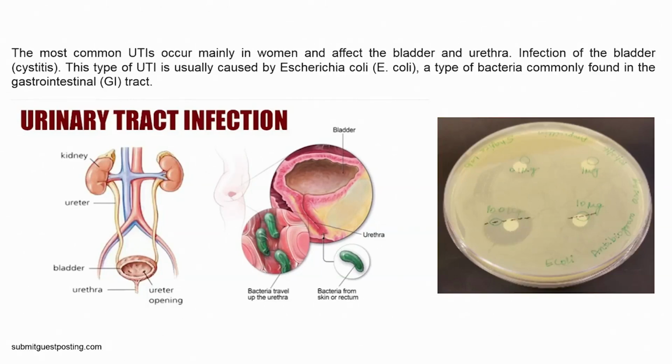Okay. So, you can see bacteria travel up the urethra, you can see here, right, the green color one. This is bacteria from skin or rectum, from this area it can travel, you can see, and it travels all the way to the bladder.